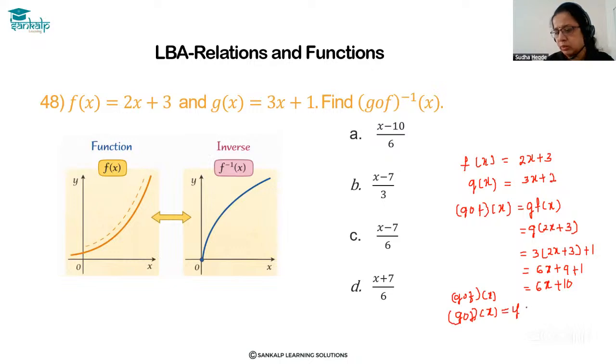Take G composition f of x as y. That is equal to 6x plus 10. General rule for inverse. So now x is equal to y minus 10 divided by 6. Correct?